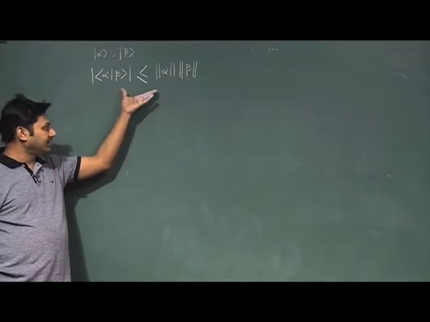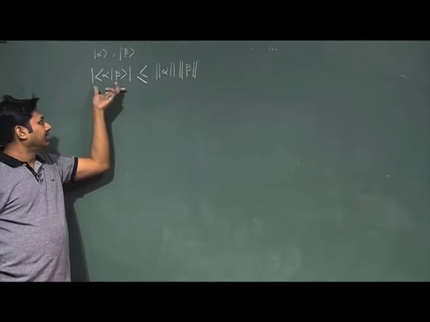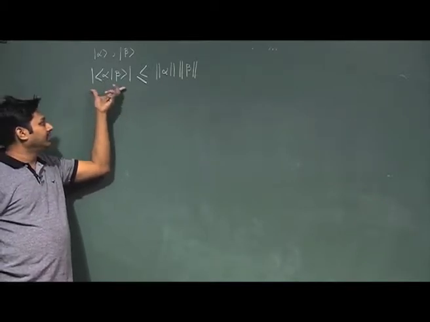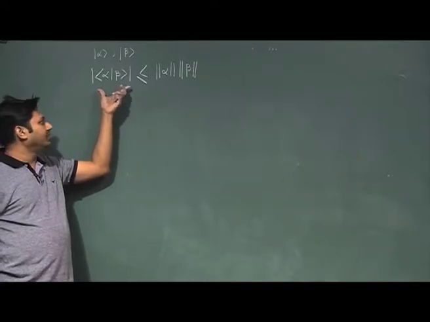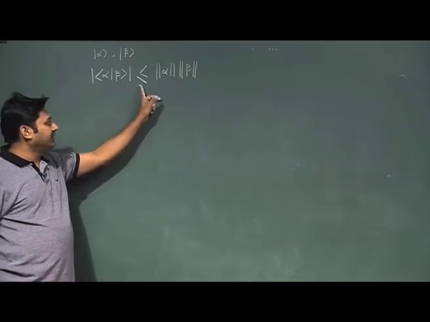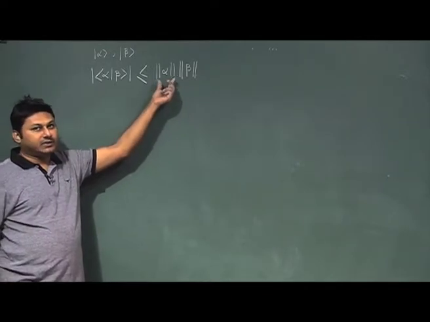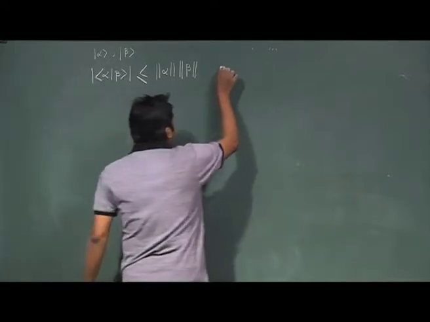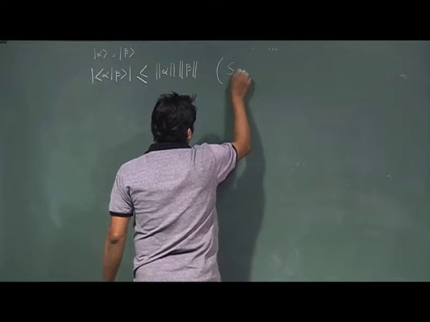This is the relationship that these two vectors always follow: if I take the inner product of two vectors and find its magnitude, it will always be less than or equal to the norm of each individual vector multiplied together. This inequality is a famous inequality, called the Schwarz inequality.